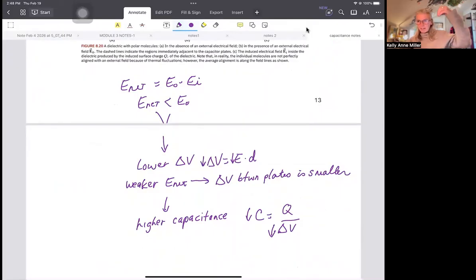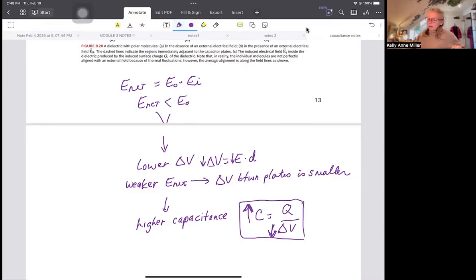I just slip the dielectric in. The electric field in between the plates effectively goes down, right? That decreases the change in potential between the two plates. And because of this relationship, if I decrease the voltage, it's going to increase the capacitance, right? Because if this goes down, this goes up. Okay.